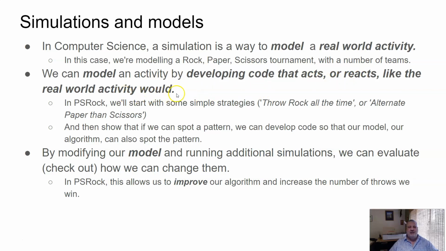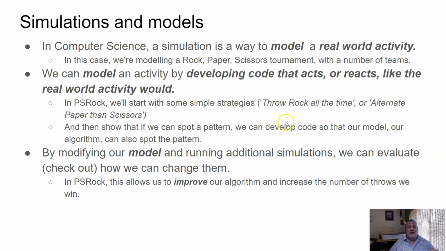So in rock, paper, scissors, we can start with some simple strategies, right? So our algorithm could be, I'm just going to throw rock all the time. Or I'm going to throw paper and then scissors and then paper and then scissors, right? And then we will see how, just like in real life, if you spot a pattern like they are throwing rocks all the time, you can change your move to beat them.